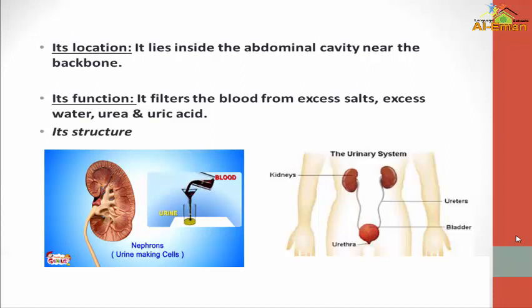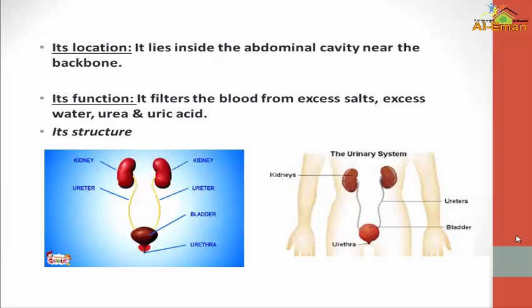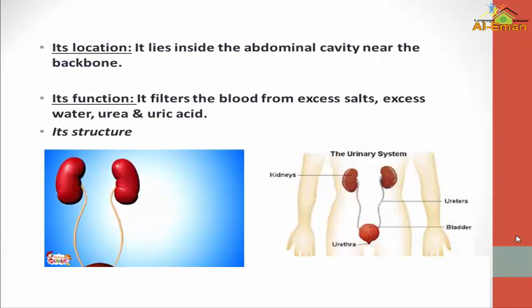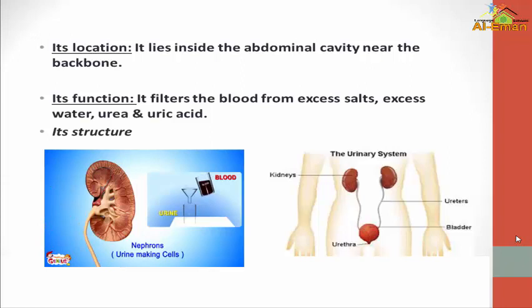Okay? Then, the function of the urinary system. What does it do? What is its job? It filters the blood from excess salt, excess water, urea and uric acid. Then let's take the structure of the urinary system.